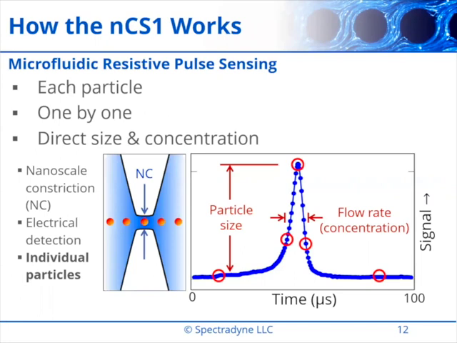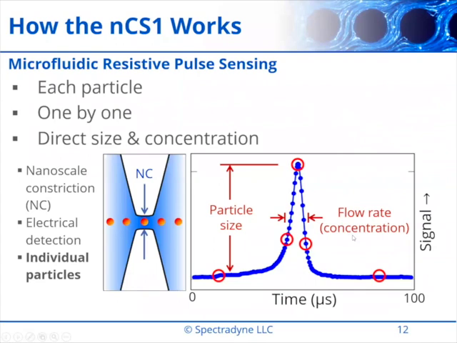Implied in that is that we're insensitive to transparency issues. So you can have a biological particle that is basically not detectable with light scattering in water, and we will have no trouble measuring it. So size of the spike is the volume or the size of the particle. The width of this transit, or the transit time, gives us information on the flow rate, and that can be used to extract a concentration.